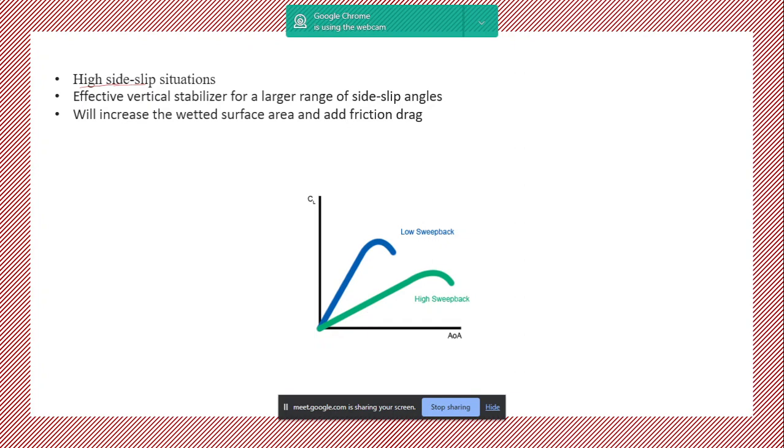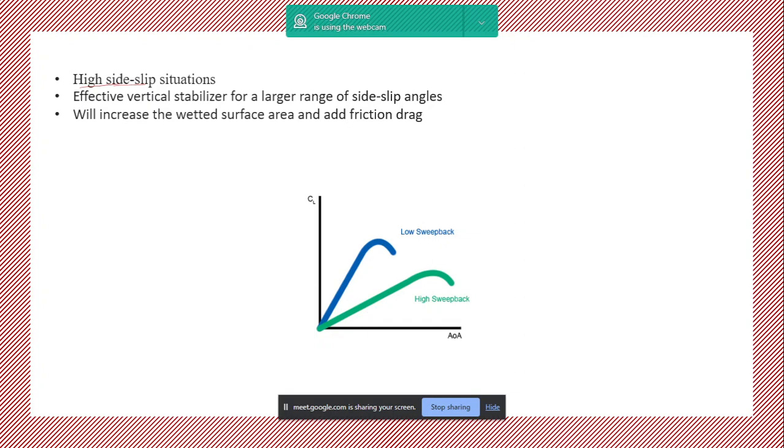Crosswinds, yes. One example would be if the engines on one side of the wing fail, right? So you have thrust produced only on one side and it will tend to keep turning the aircraft, which will have high side slip situations. So to negate that, you need to have more stability. Your vertical tail needs to have more effectiveness, right?